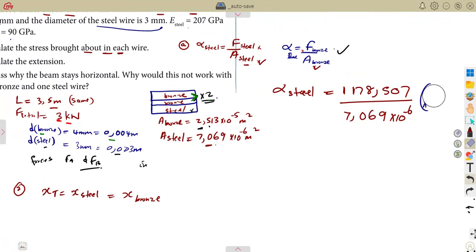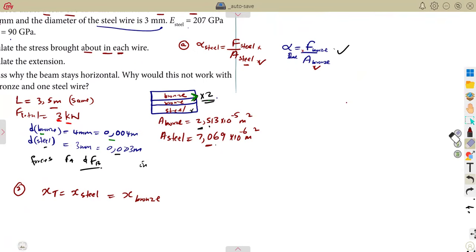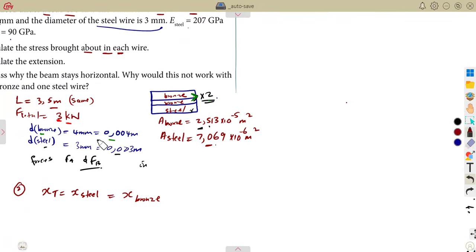You can even use the part where you are working with the stress. Remember, there's a formula where stress is used. All right. So I'm just going to use steel in that case. Remember, the force for steel, when we calculated, it was 1,178,507 Newton.